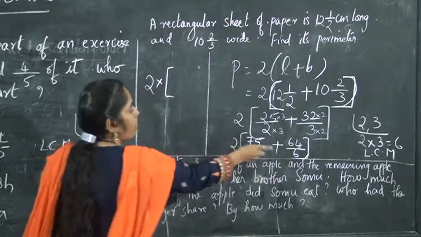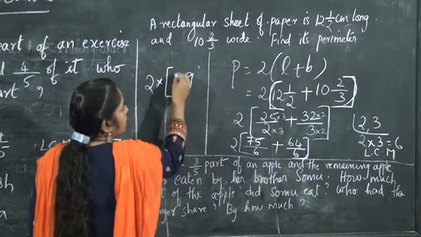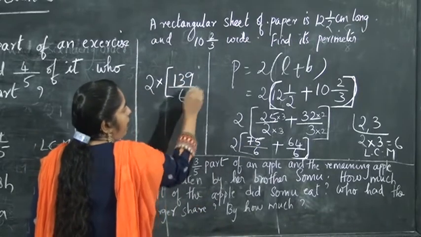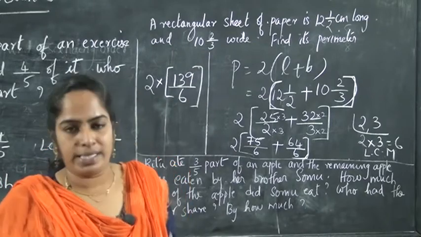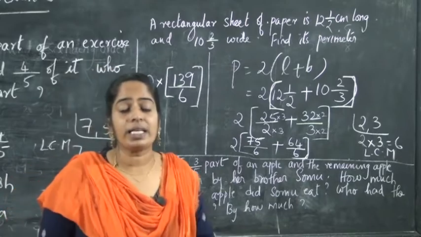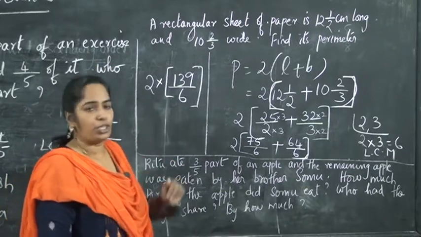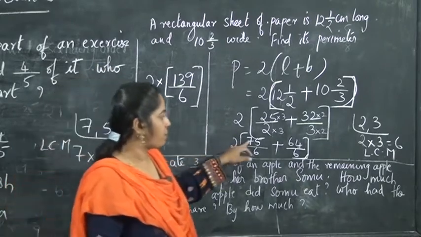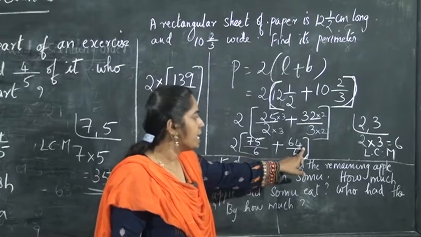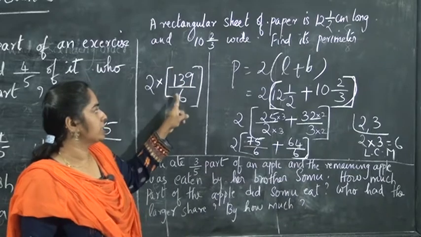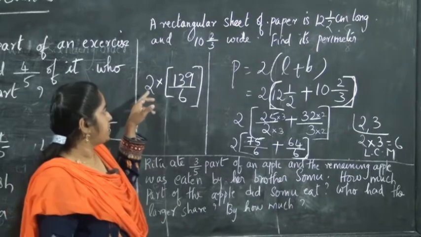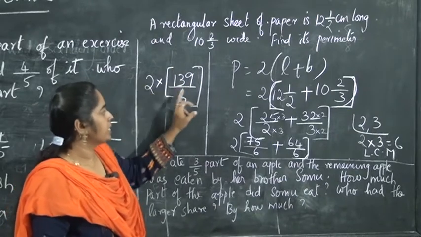What is there? 5 plus 4, 9; 7 plus 6, 13; 139 by 6. That is 2 into 139 by 6.